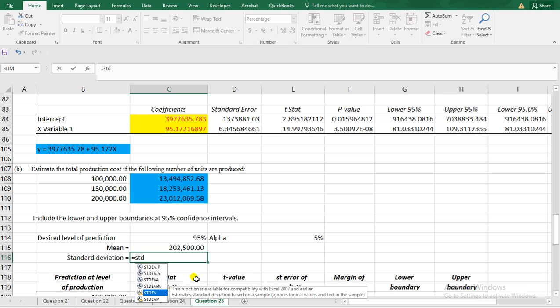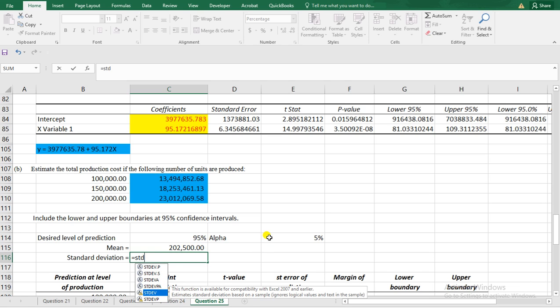That is the estimate of standard deviation based on a sample, ignoring logical values and text in the sample. Remember, all these items are for standard deviation, but ours is specifically this one. I'll be explaining this one later on as we proceed.